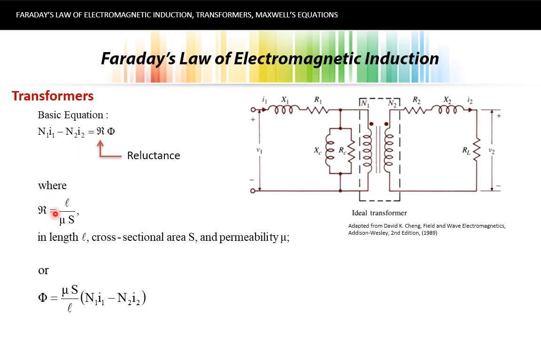Reluctance is equal to l over mu S. l is the length, S is the cross-sectional area, and mu is the permeability. We can write down this basic equation also in the following form, where the flux phi equals mu S over l times N1 I1 minus N2 I2.